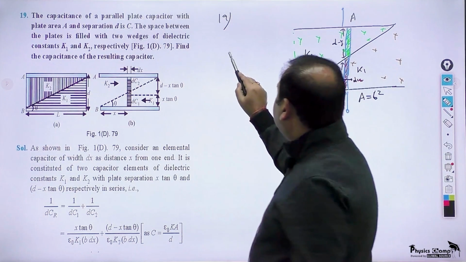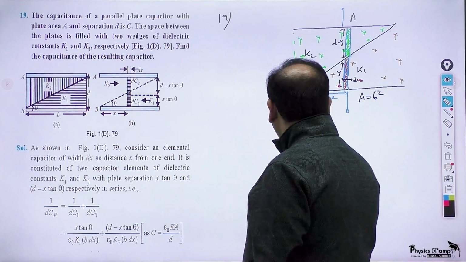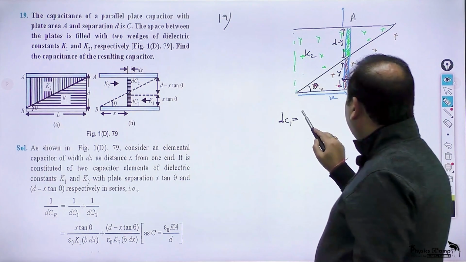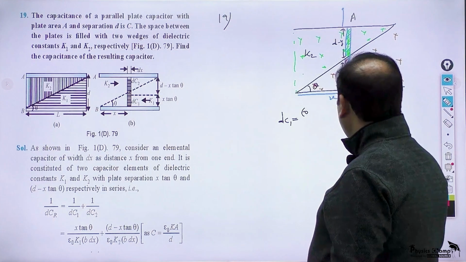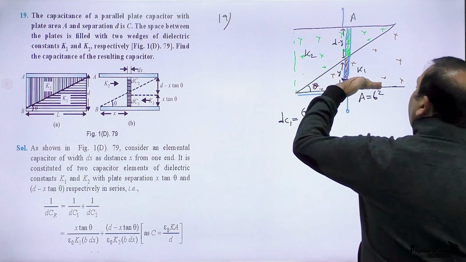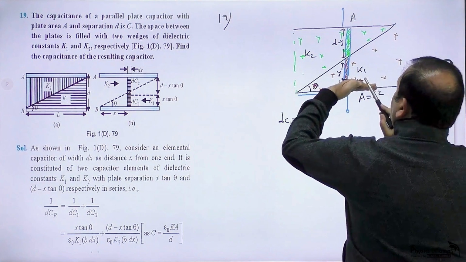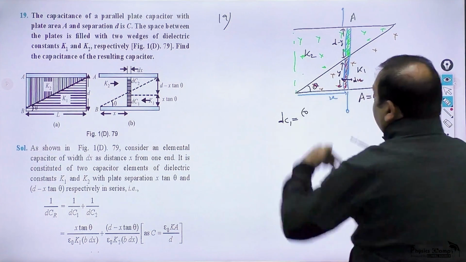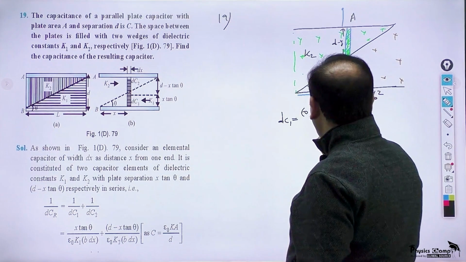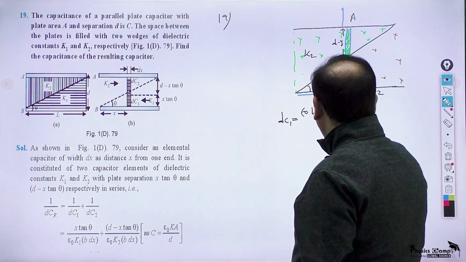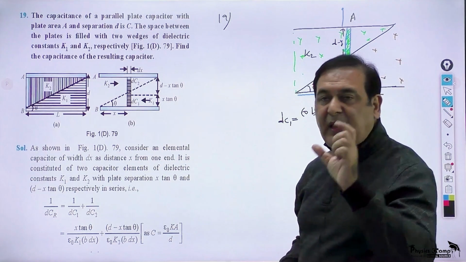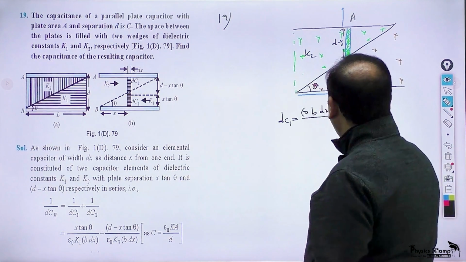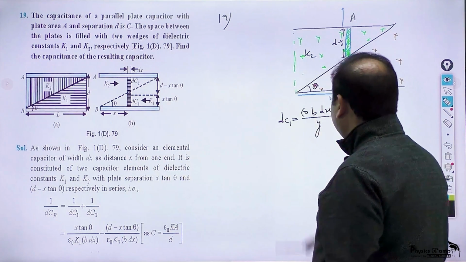What will be the capacitance of the small width dx? dC1 in the lower portion will be epsilon naught times area, which is b square, but here the width b will be used and the length will be dx, so it will be b dx, epsilon naught into K1 by d, where d stands for y here.